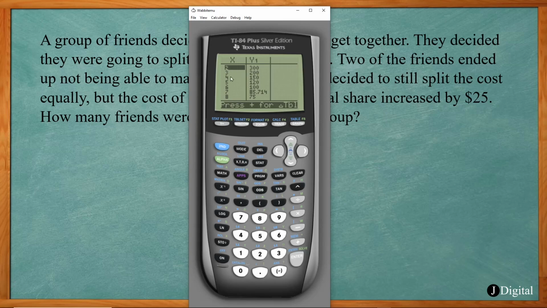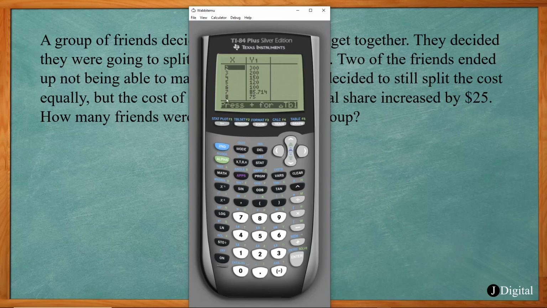So look at 2 and 4, the difference between 300 and 150 is 150. Look at 3 and 5, they're at 80 right there. 4 and 6, right at 50. 5 and 7, okay, we're still too high.